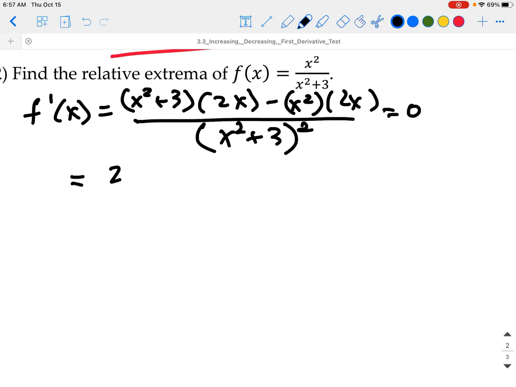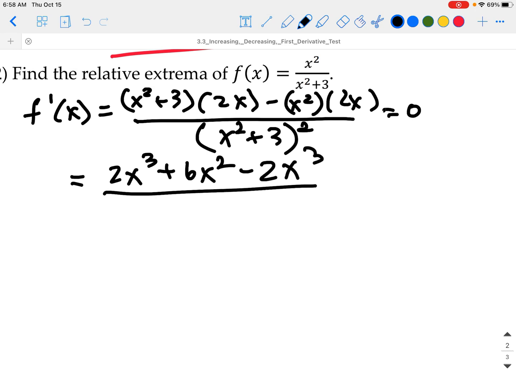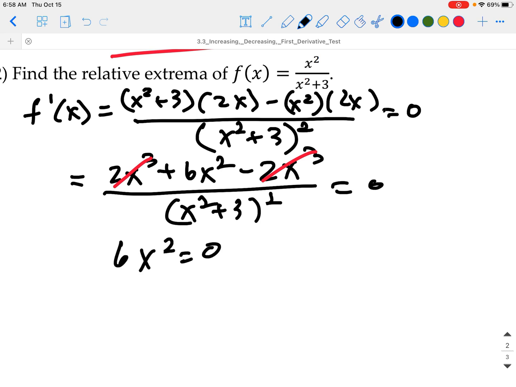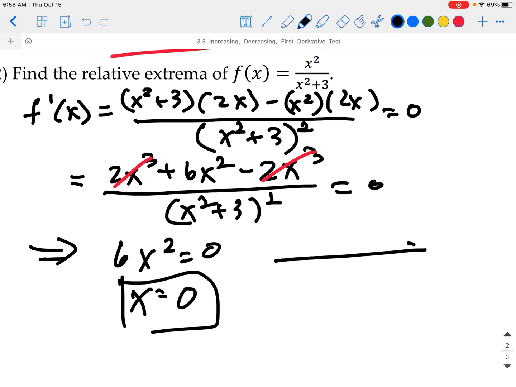So we've got 2x cubed plus 6x squared minus 2x cubed, it looks like, all over x squared plus 3 squared. So we can see that we're going to get cancellation of those cubic terms. So really, we just get that 6x squared is 0, which means x is equal to 0. So there's only one critical point in this case, which is nice.